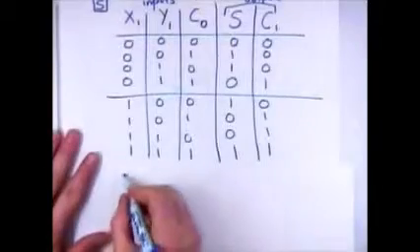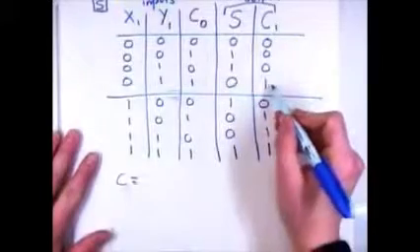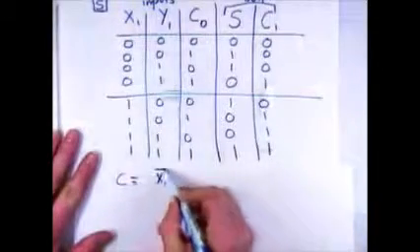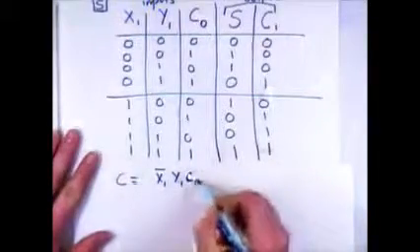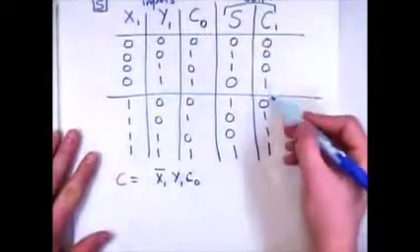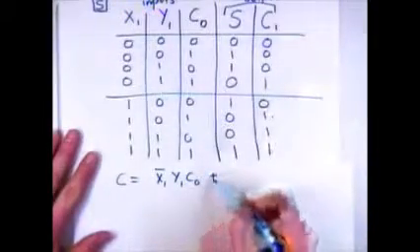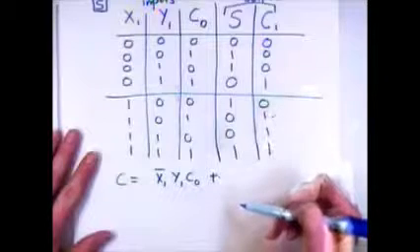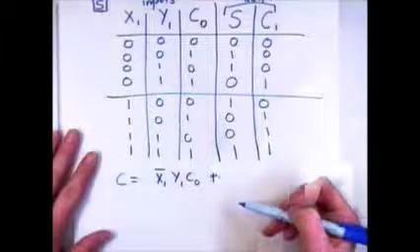Now let's look at our carry bit and figure out what minterms we're going to need for that. So again, we have 4 1s in our column for C. Our first one is when X1 is false, and Y1 and C0 are true. And if you notice, we're going to have terms where 2 of the bits are 1s, right?